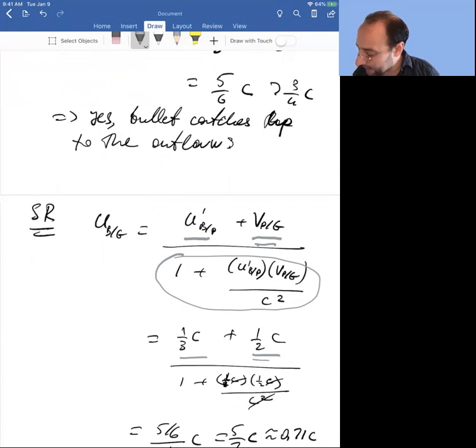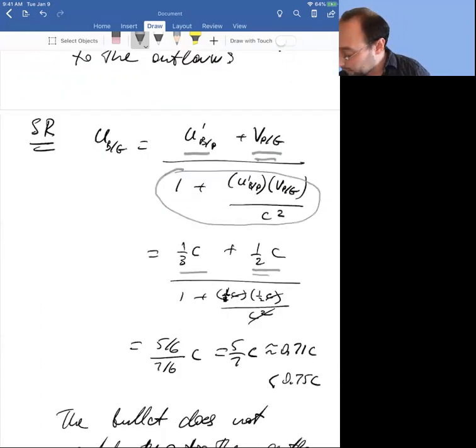And when we do that and clean it up, we find that the bullet moves relative to the ground at 5/7 of the speed of light, which if you crank out the numbers, comes out to be 0.71 c, which is less than 0.75 c, the speed of the outlaws. And so according to the correct calculation, the bullet does not catch up to the outlaws.